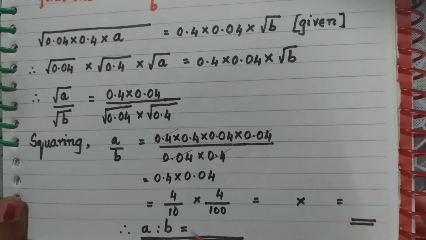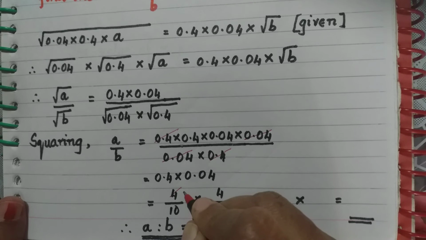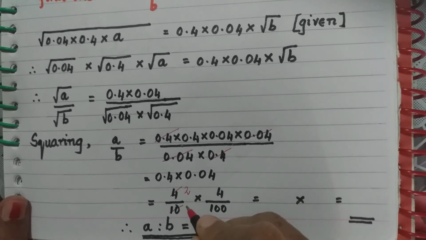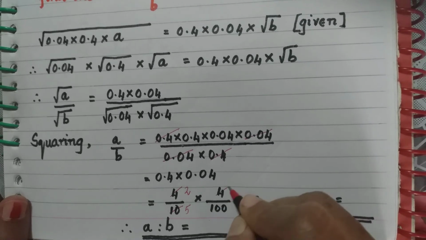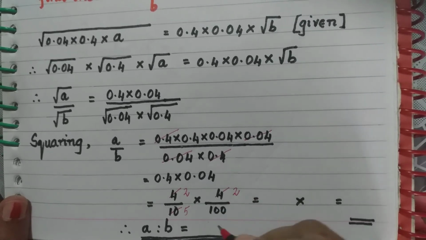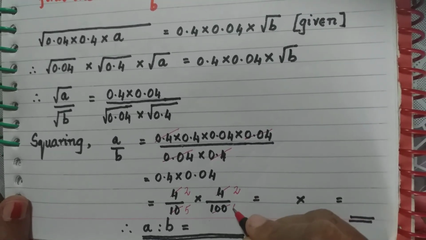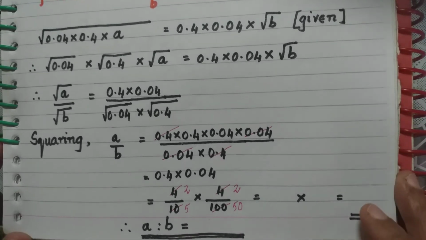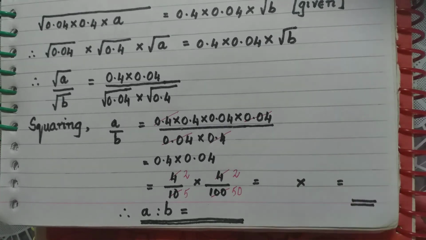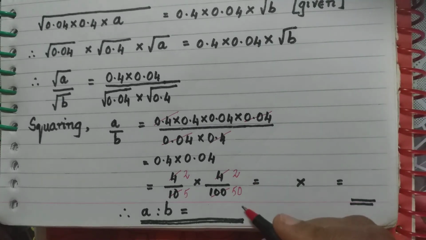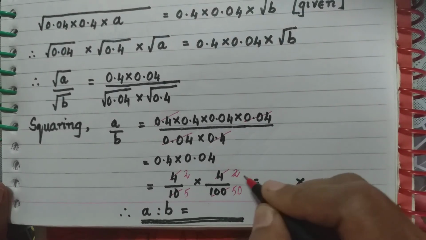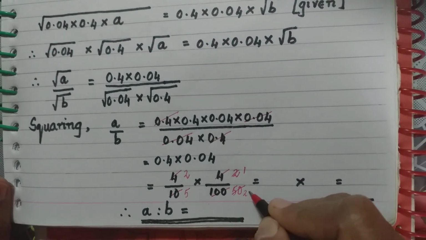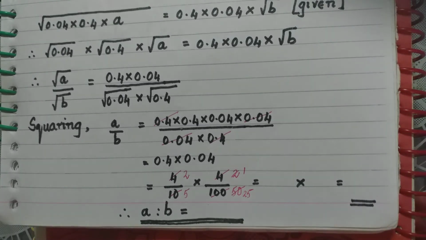Here, what happens? 2 goes in 4 2 times, 2 goes in 10 5 times, 2 goes in 4 2 times, 2 goes in 100 50 times. So, now let me see whether I can simplify this 2 upon 50 further. 2 goes in 2 once, 2 goes in 50, 25 times.